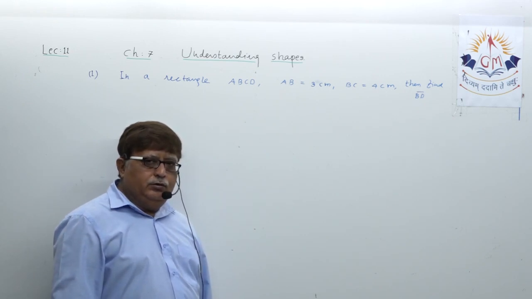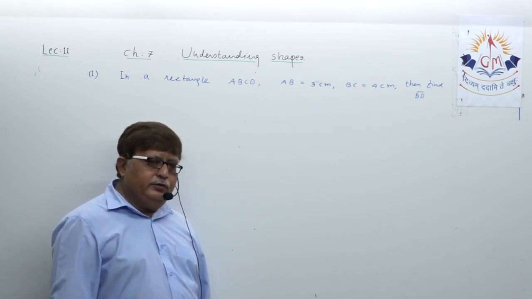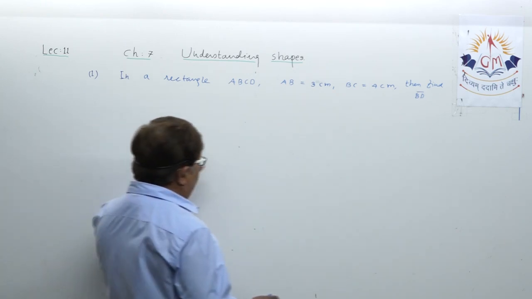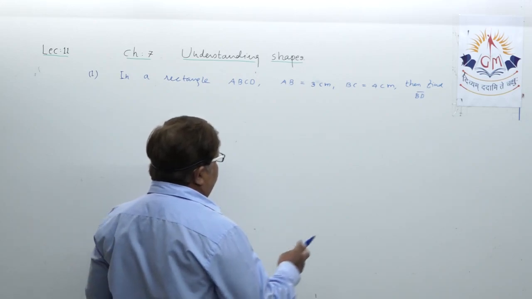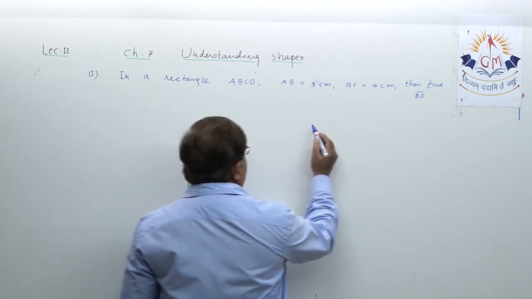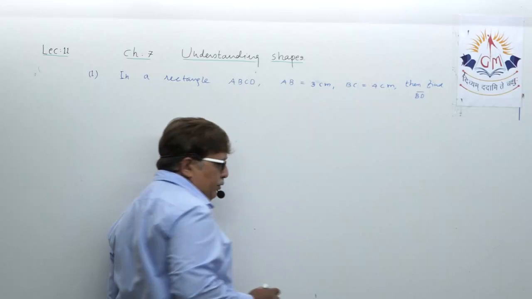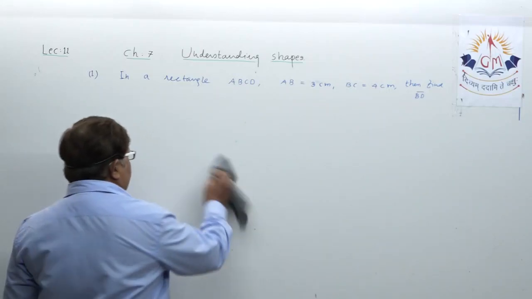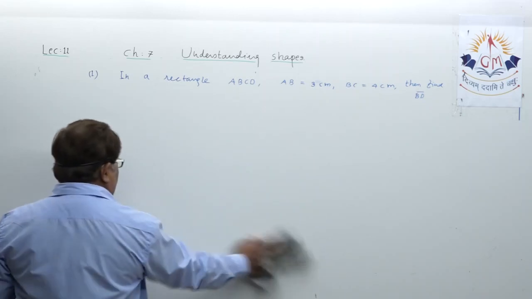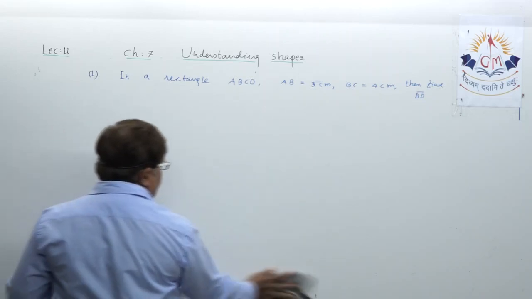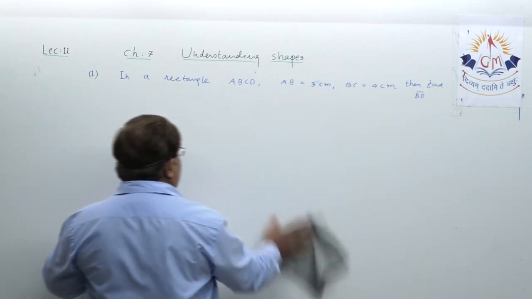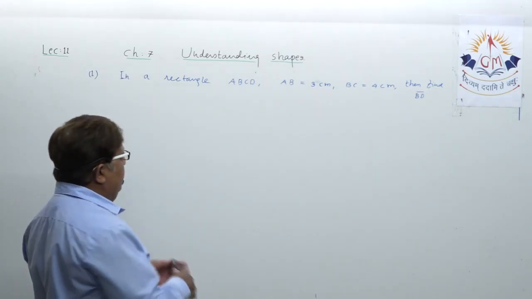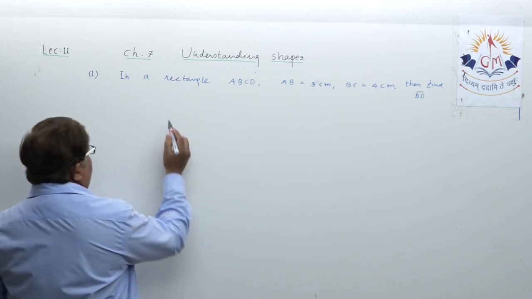That means out of the two diagonals AC and BD, one diagonal you have to find. So suppose, just try to understand this. First you draw a rectangle. Understood? Not so difficult, but I just want you to realize and apply that property which you just now studied in solving this example.